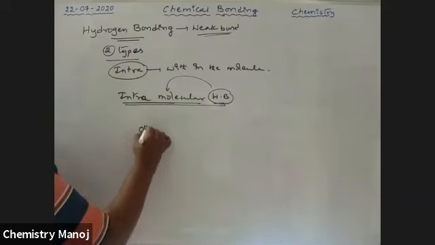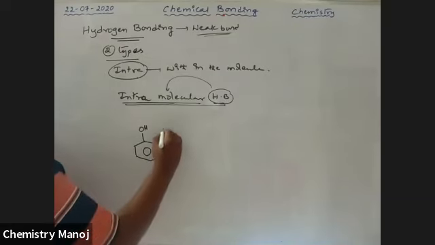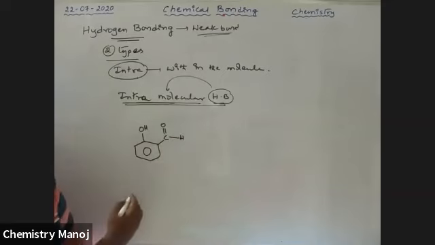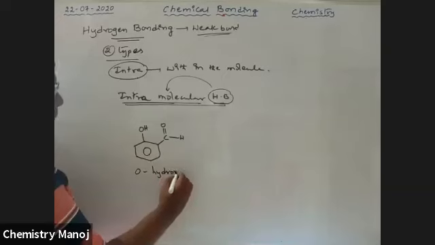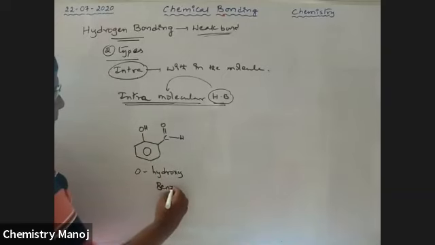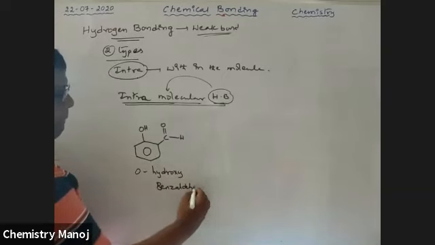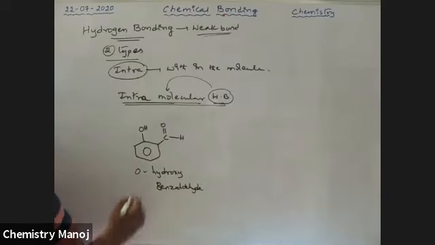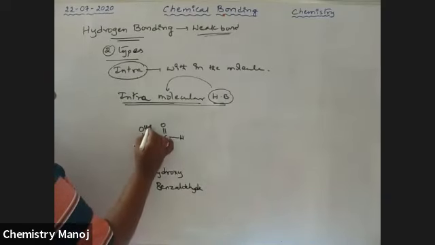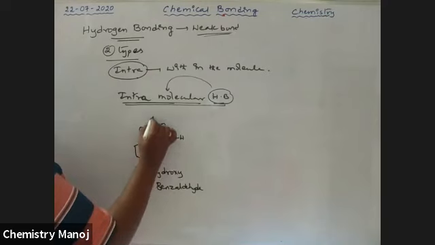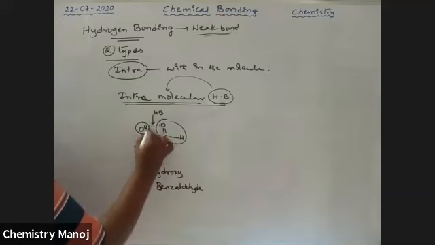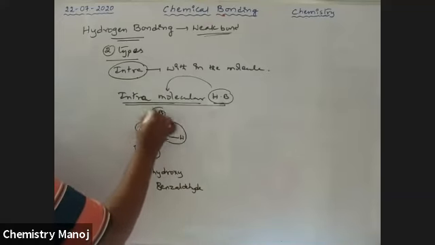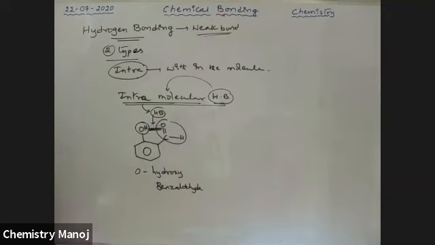This is phenol, and this is aldehyde: ortho-hydroxybenzaldehyde. Between this hydrogen atom and this oxygen atom there is a hydrogen bond. This is one group and this is another group, and between them there is a hydrogen bond. This hydrogen bond is called intramolecular hydrogen bonding.